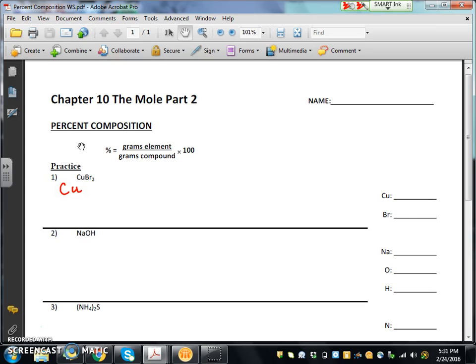I have 1 copper and 2 bromines, and if I look on the periodic table, I will see that copper has a mass of 63.55 grams and bromine has a mass of 79.90 grams.